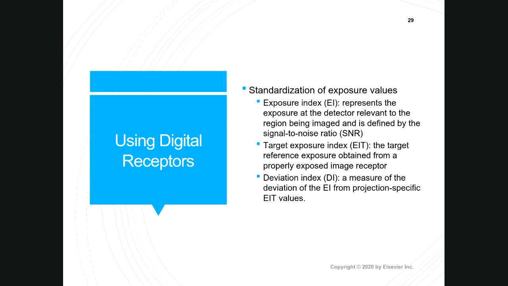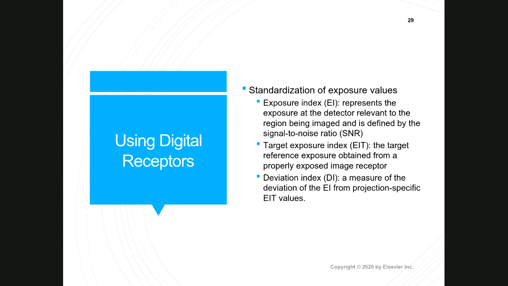Okay, so you start out green and you have an acceptable range, and then it goes yellow, orange, and red. And if you're on the plus side, it means that there was more exposure than necessary. The negative side means there was less exposure than necessary. And depending on your deviation index, that'll pretty much tell you if you have to repeat the image or not.